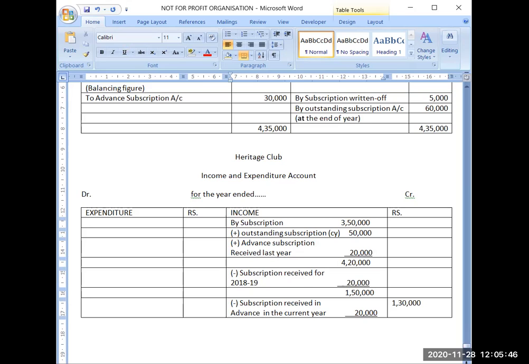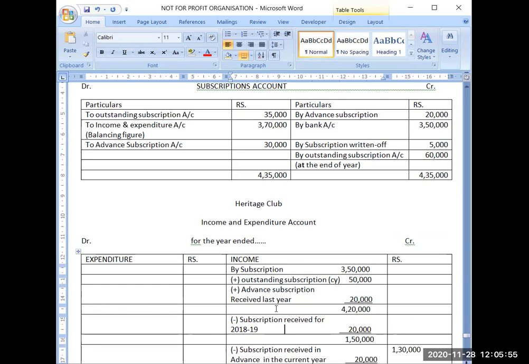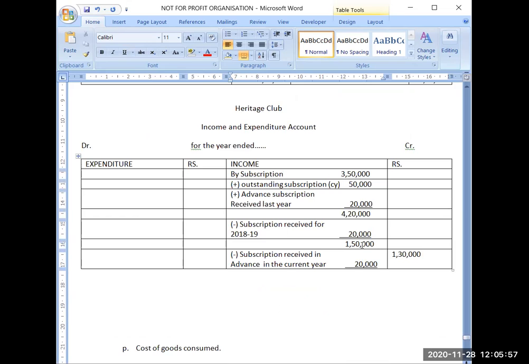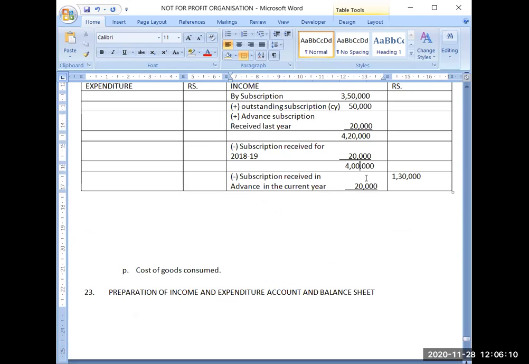That was 20,000. So that will become here 4 lakh. And subscription received in advance in the current year, that is 30,000. So that we will deduct from here. And that's why this income will become 3,70,000.